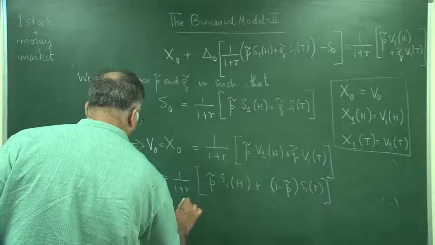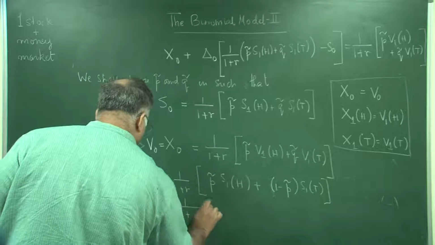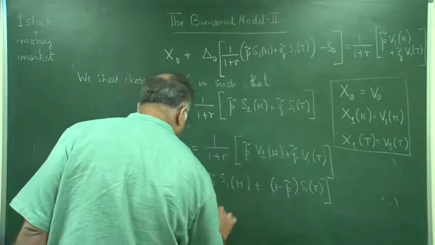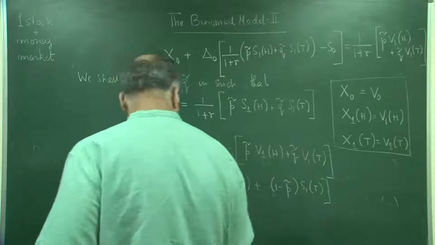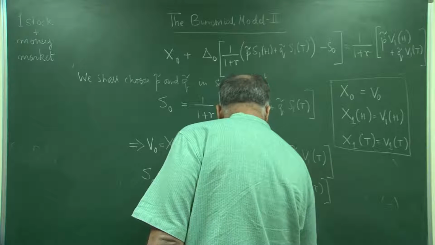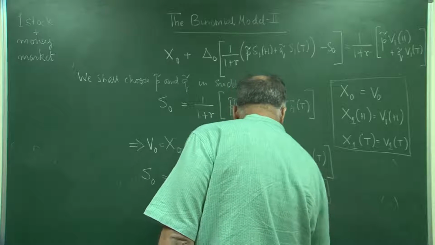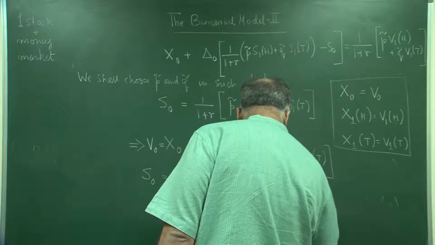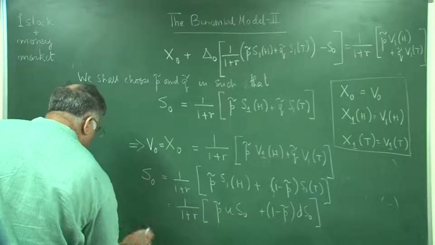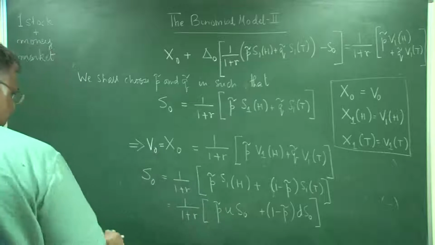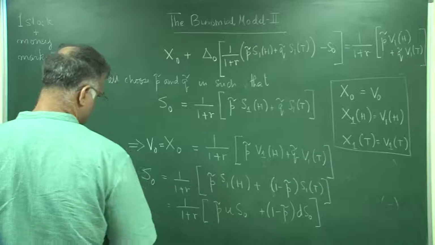Okay. But see here, once you simplify things are looking better. It is u of S naught plus 1 minus p tilde d of S naught. So, S naught will actually get out and cancel.